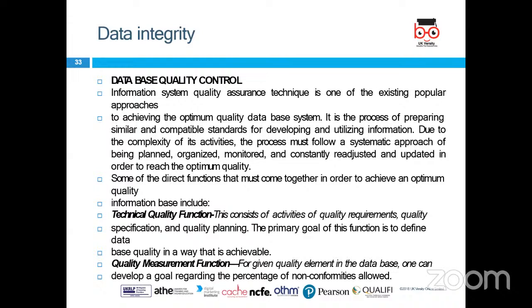For example, if we look into a life cycle, data integrity means that from the starting point to the end point of our life cycle, our data is not going to be lost or fragmented. So we're not going to lose anything important from the data.